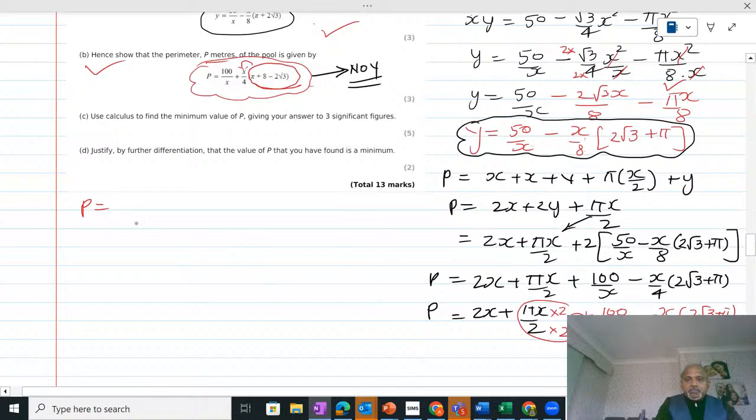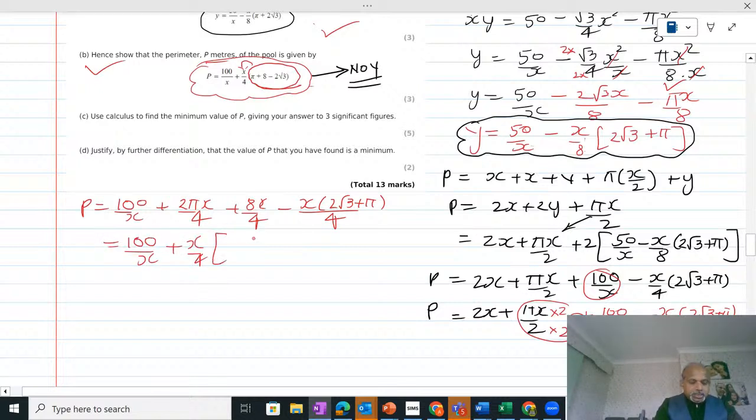So p equal to, if you simplify this, I'm writing 100 over x first. So 100 over x plus 2 pi x over 4 plus 8x over 4 minus, I have made the common denominator, 2 root 3 plus pi over 4. So it should be 100 over x, little long question, x by 4 is outside. So we got 2 pi plus 8 minus 2 root 3 plus pi.